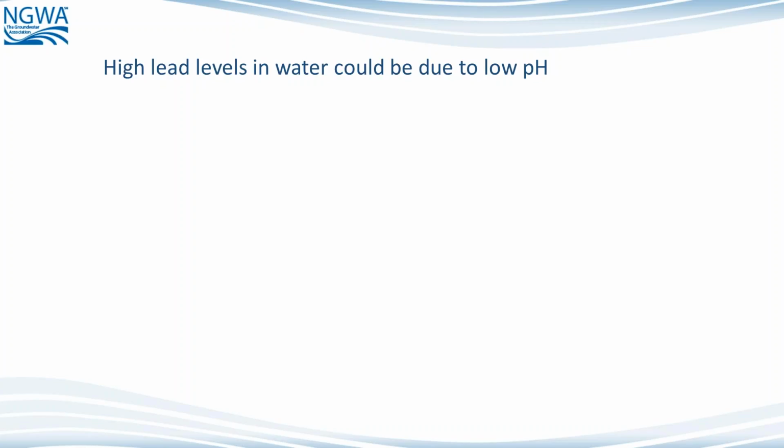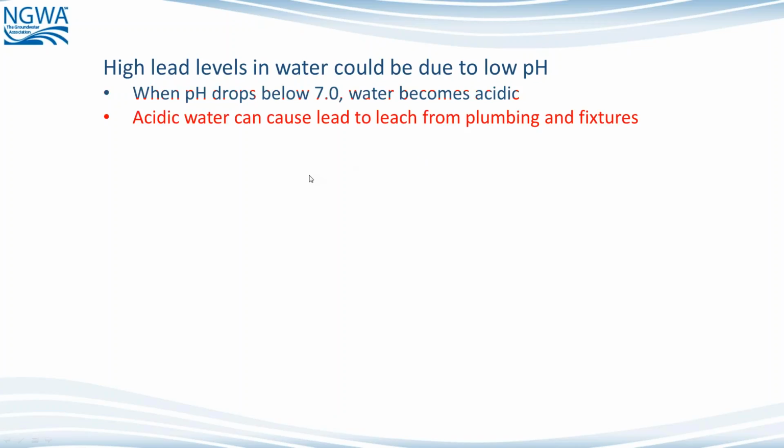So in my opinion, the best way to measure for the potential for lead in the house is at the tap, at the drinking water tap. The implication, of course, is when the pH is below 7, the water is acidic, and this is what a laboratory would determine immediately when you take the sample to be analyzed.